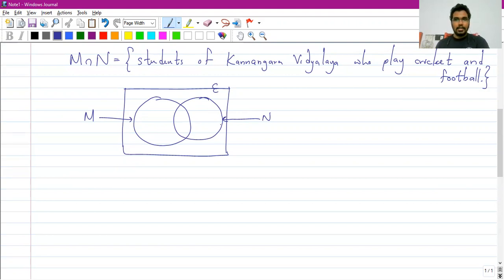And M intersection N means the common elements. So common elements for this M and N circle can be denoted using this area, because you can see this is the area which is common for both of these circles.